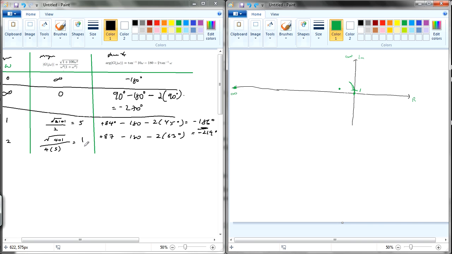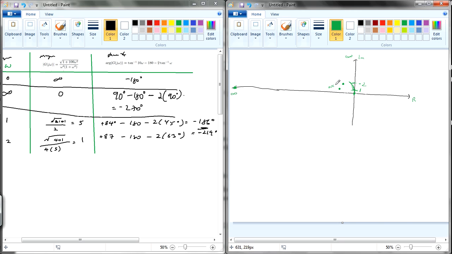At 2, the magnitude is 1. However, it is minus 219 degrees. So this is 180 degrees, and 219 is about 39 degrees over here, right? So as you can see, this is when it is at 2, right?